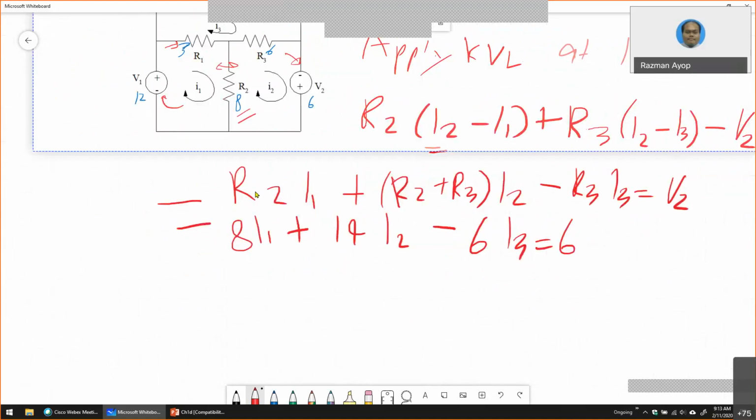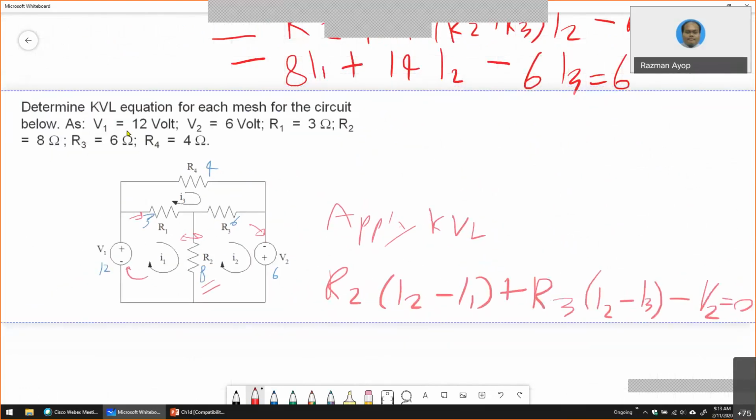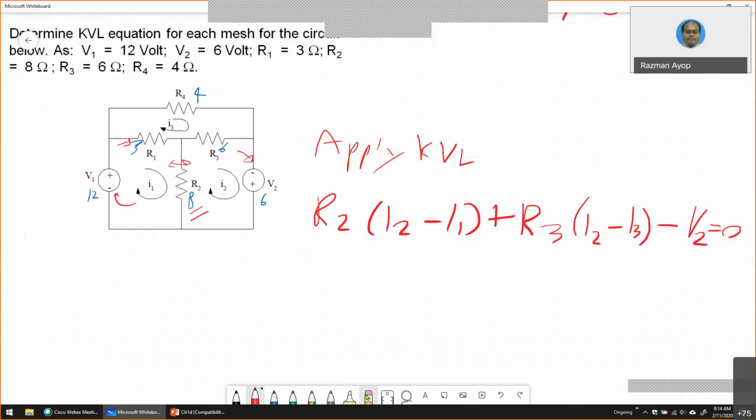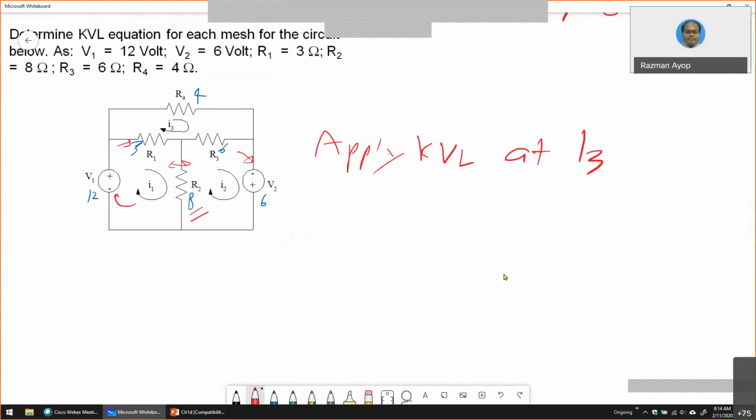Next, apply KVL at I3, also the same. Start with R1, I3 minus I1, plus R4 I3.